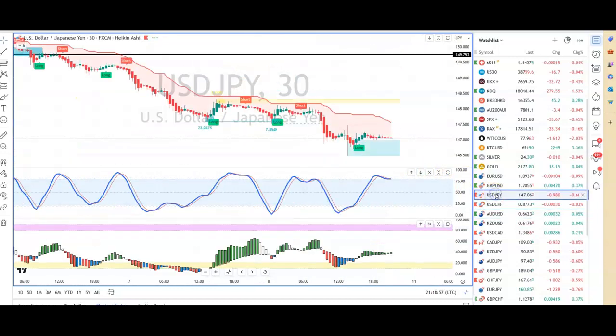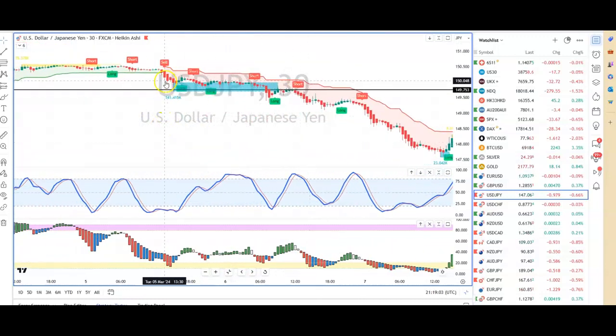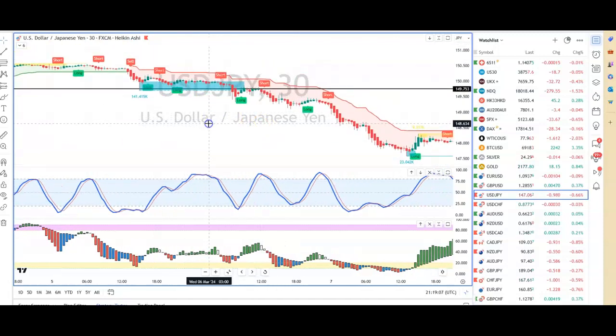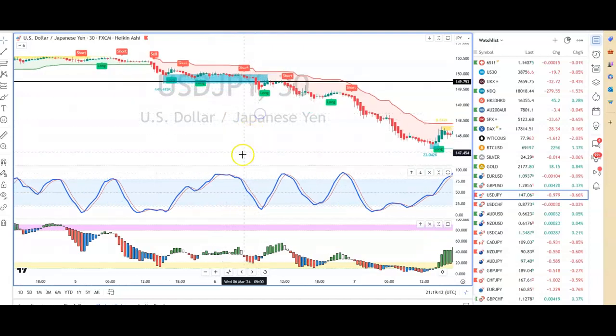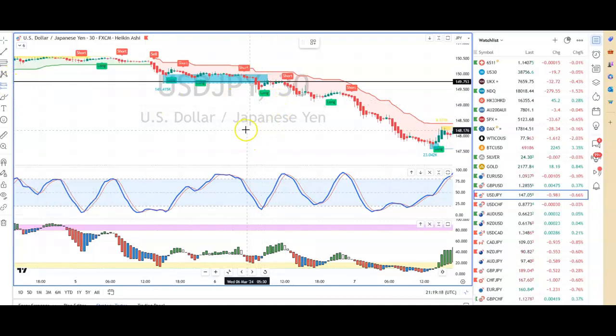Let me show you US yen as an example. So keep going. And so we've got the change of character up there. So we've got the swing high here. But the actual money flow didn't kick in until we had break of structure. So around there.